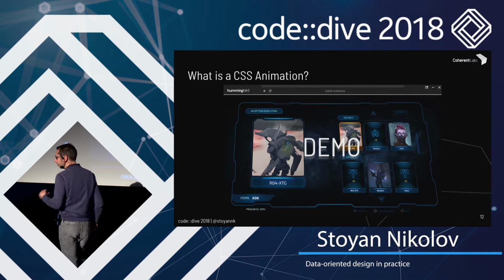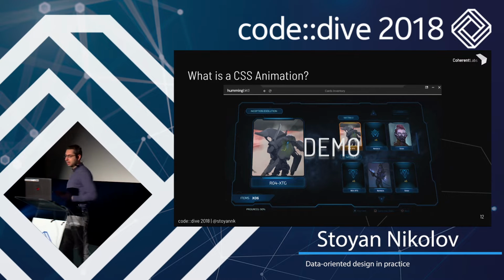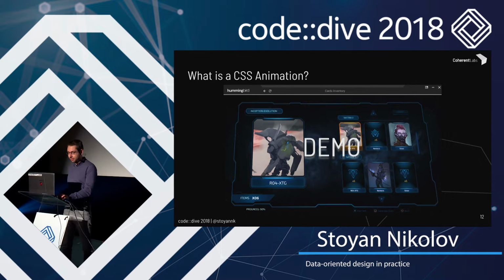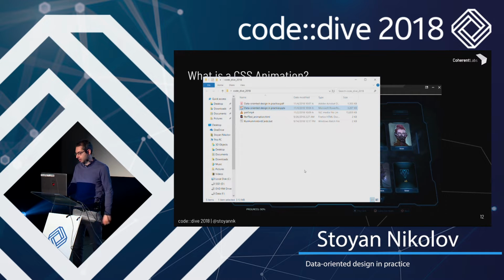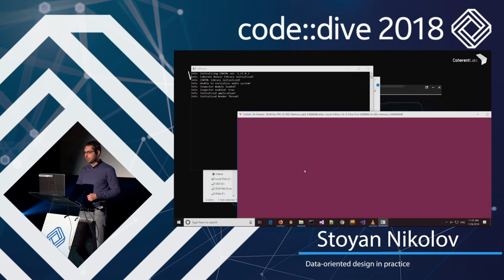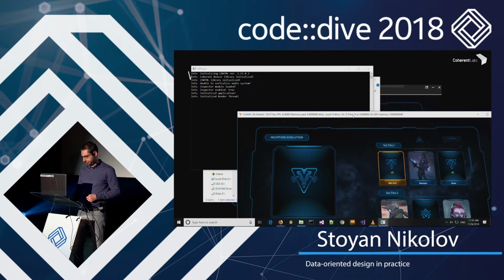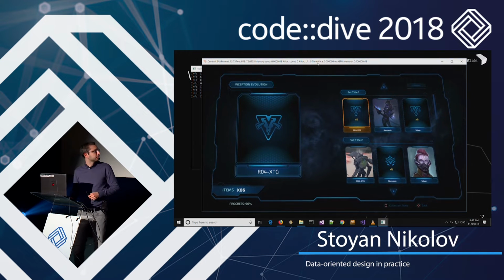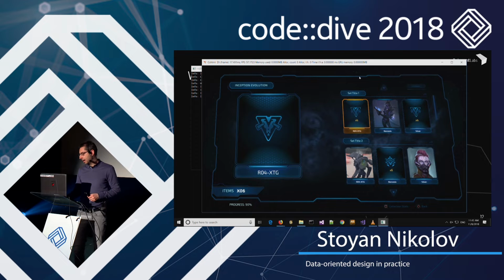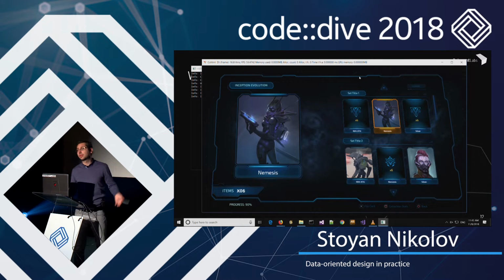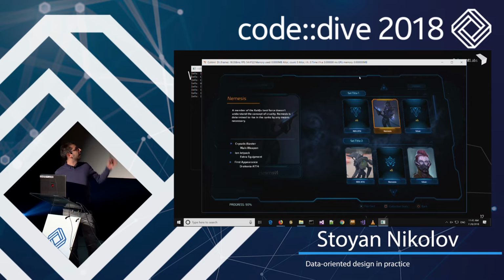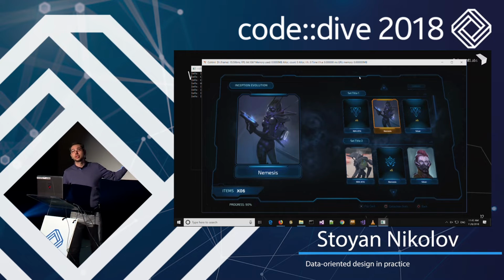CSS animations are just a way for designers or web developers to create animations within their pages. Here I have, to illustrate that idea, a very simple example. Imagine this is a game. When I click on the card, I execute two animations basically.